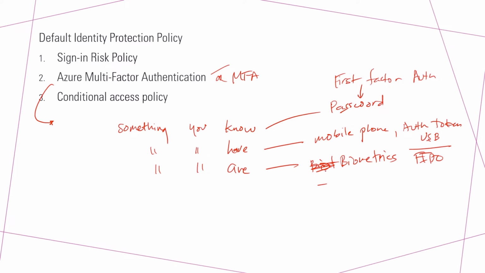You use this, I think, on your everyday mobile device: fingerprint, facial recognition. So those are the three main categories or factors that Azure MFA can use to provide another layer of authentication security in Azure AD.